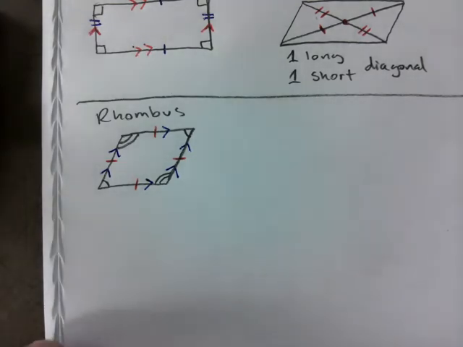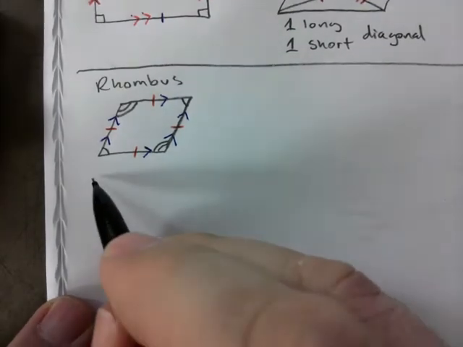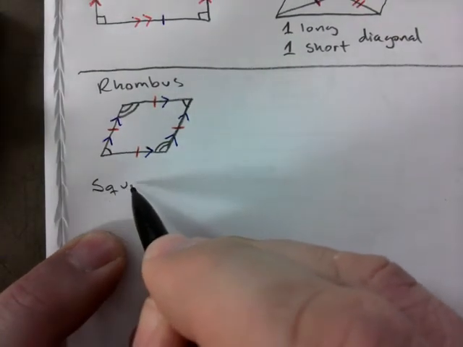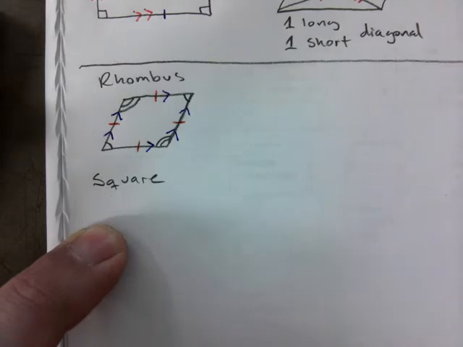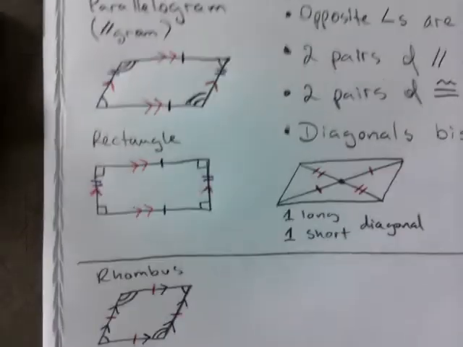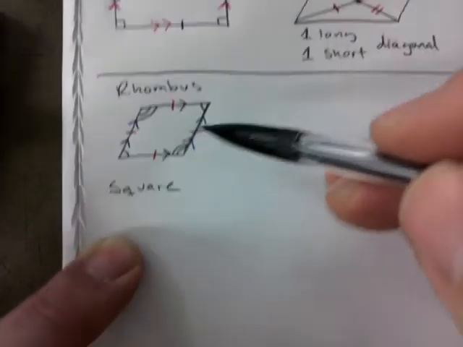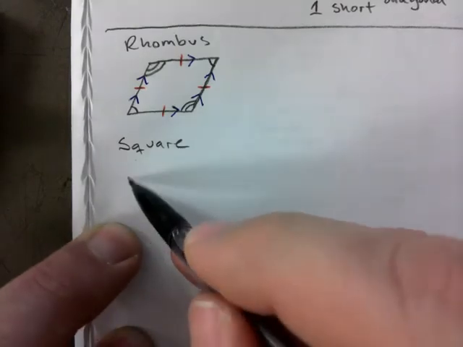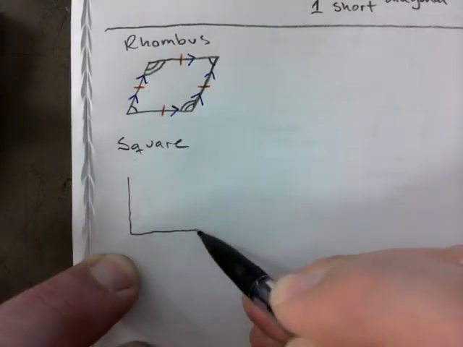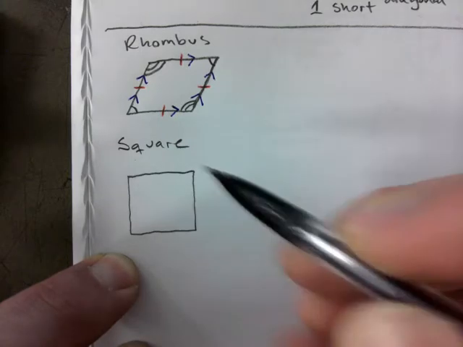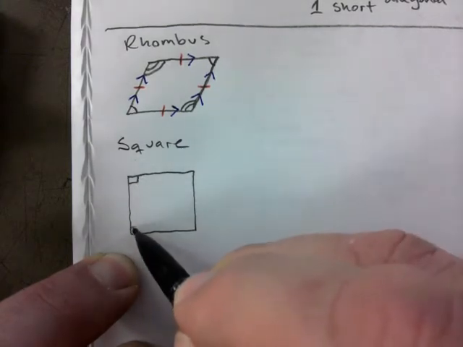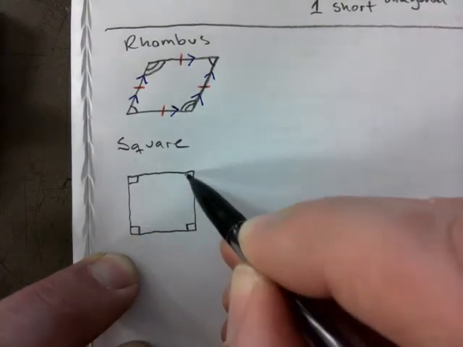Okay. Let's do the square. They're cousins, right? I do them by cousins. A parallelogram is a cousin to a rectangle. Rhombus is the cousin to a square. That one, I think we all know exactly what's happening. All angles are 90.